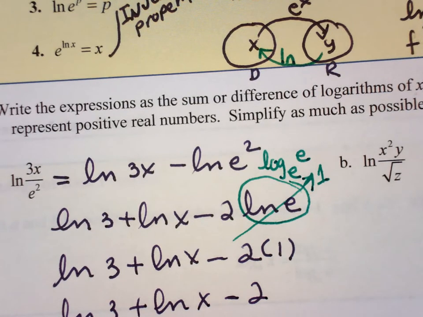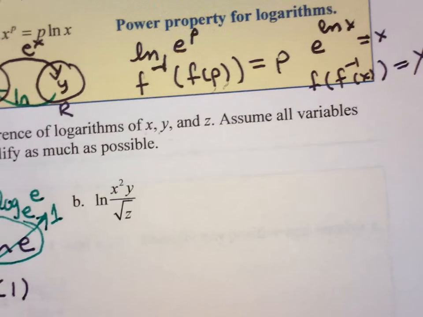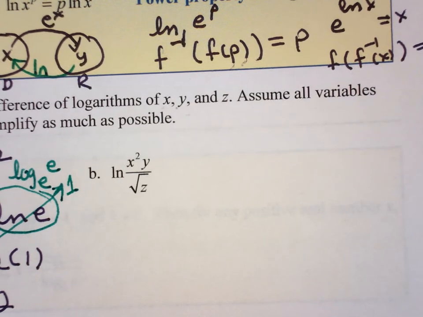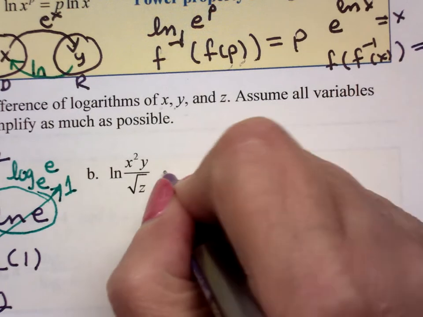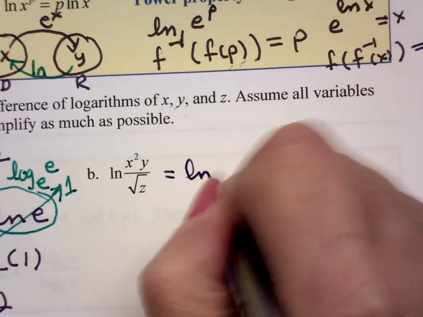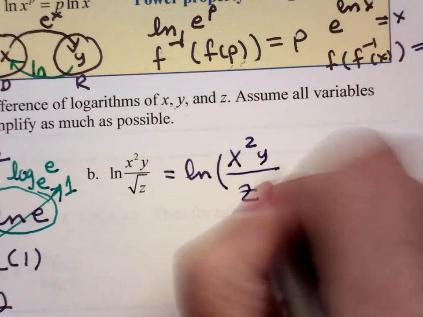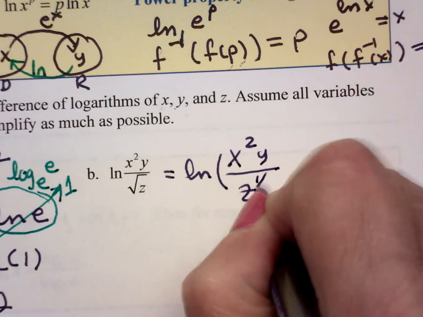Questions? Now, what's going to be the thing that's going to cause us the most trouble here? That stinking square root, right? Because this is really the natural log of x squared y over z to what power? 1/2.